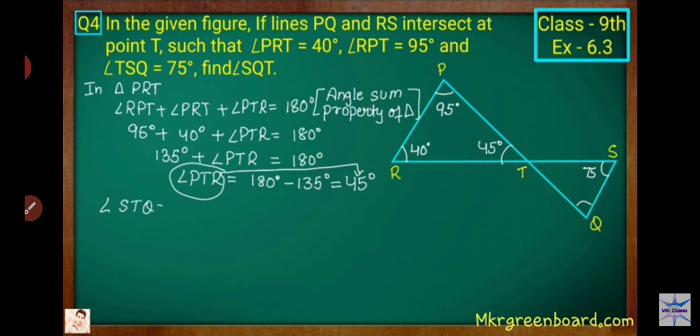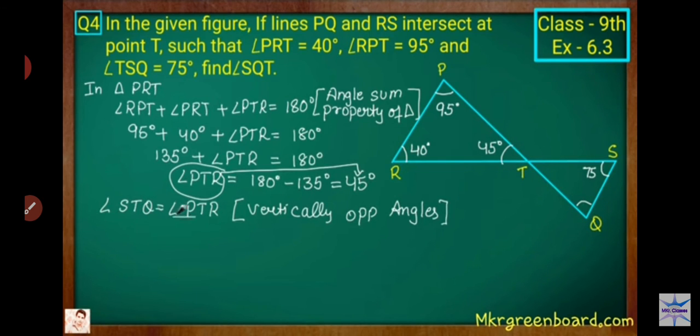So STQ is equal to angle PTR, because vertically opposite angles are equal.